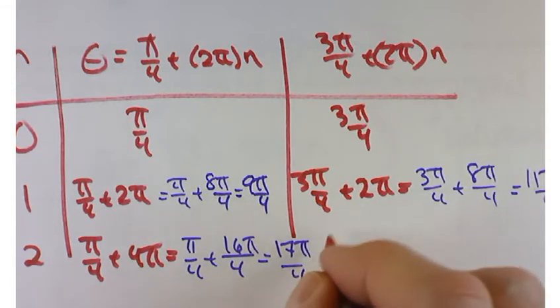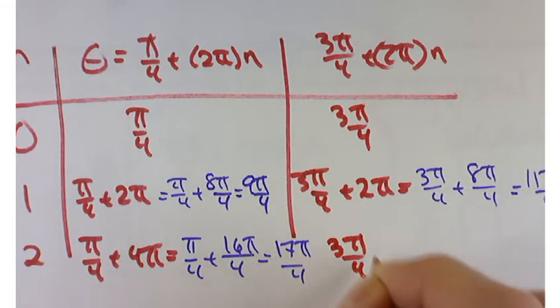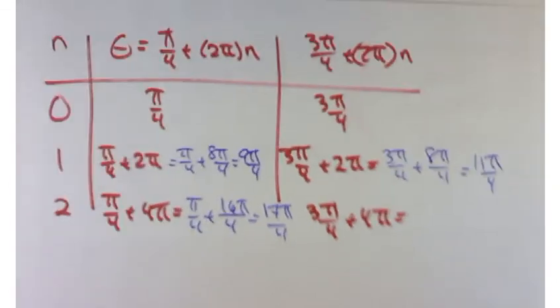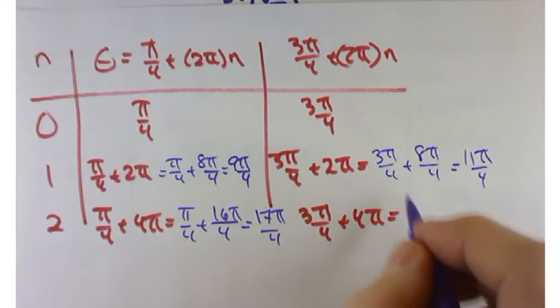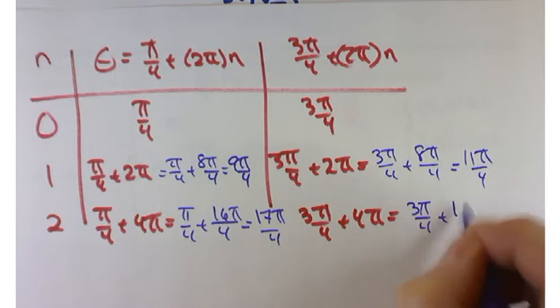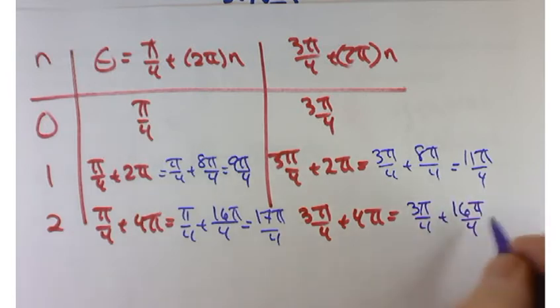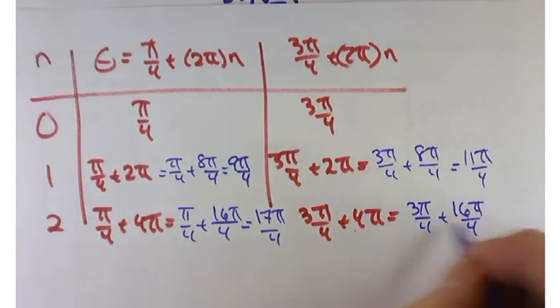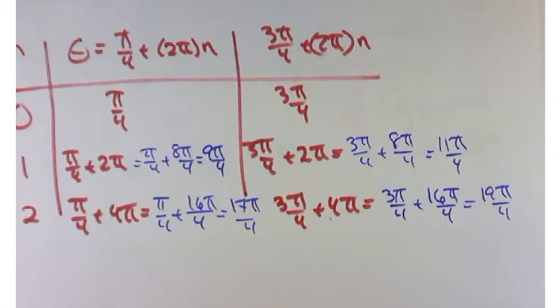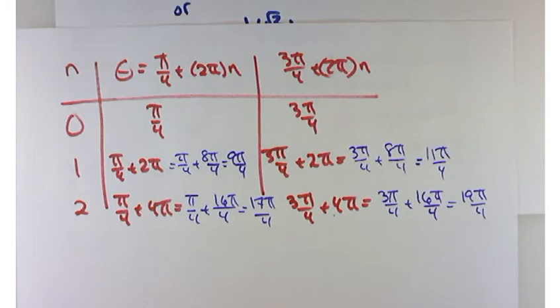And last but not least, 3 pi over 4 plus 4 pi would be 3 pi over 4 plus what? 16 pi over 4. 16 divided by 4 is 4. So these two are equivalent, but this one is written so I have a common denominator. I end up with 19 pi over 4. Yay. And you can go on and on and on, but I think you kind of get the general idea here.